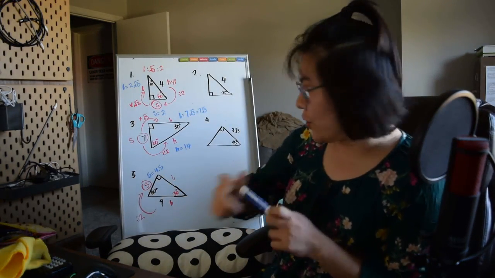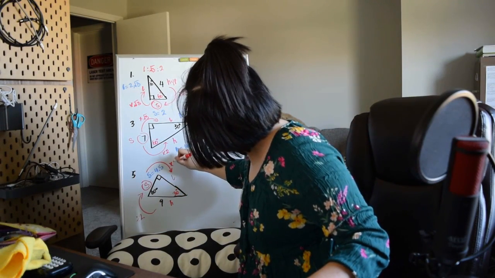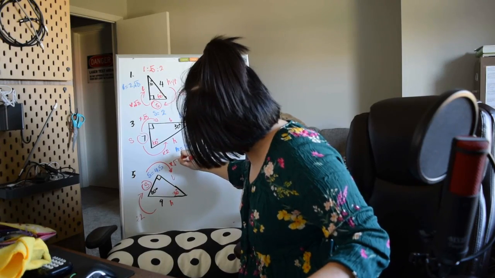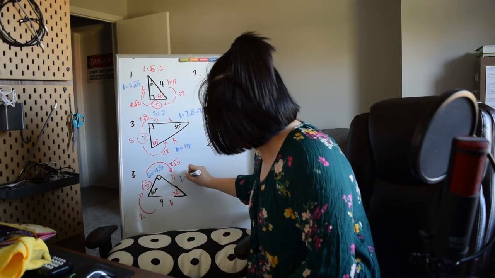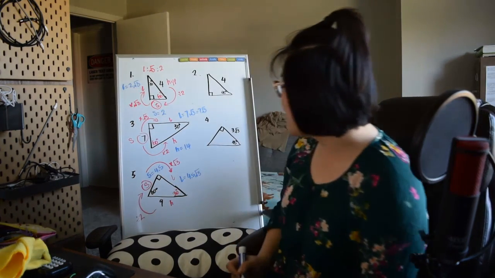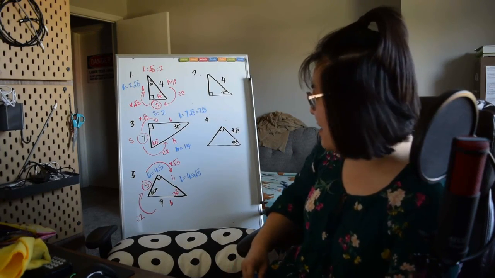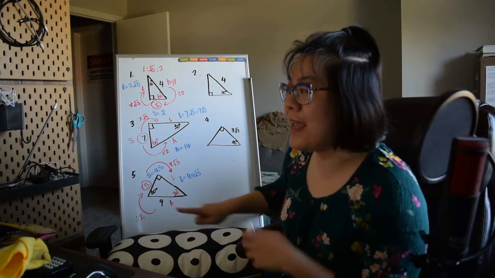After you figure out the short leg, you go to the long leg. You're going to multiply by radical 3. So the long leg equals 4.5 times radical 3. That's your answer. So you have 4.5 radical 3 and 9.